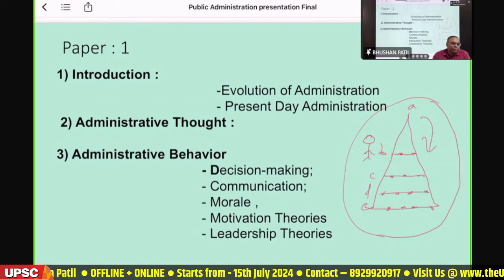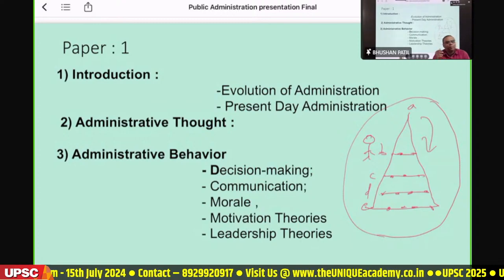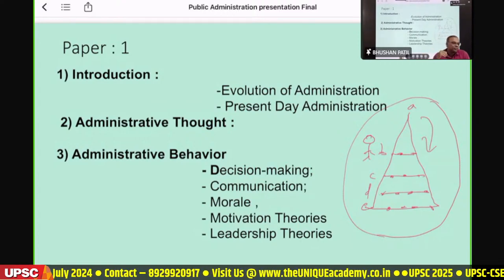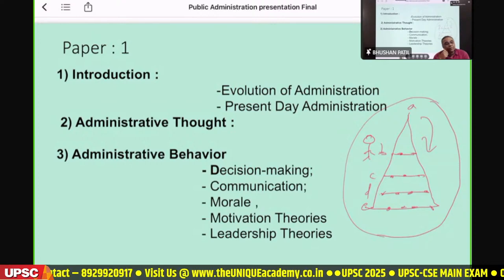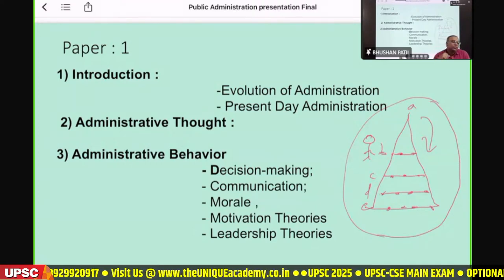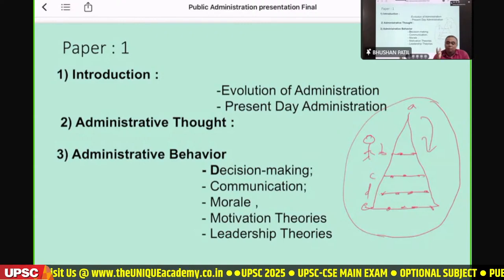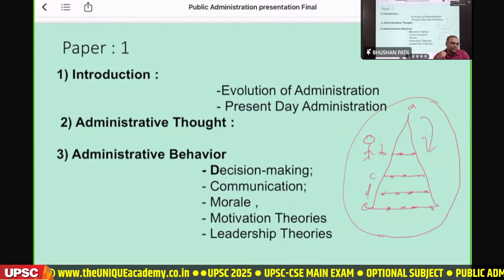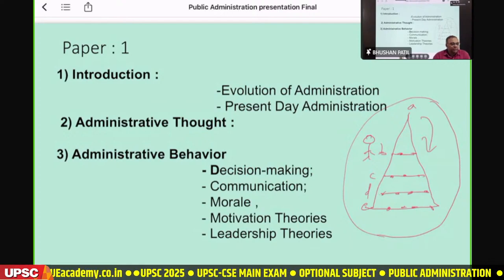How we can motivate people. Okay, certain theories are there, like Maslow's theory, Herzberg's theory, McGregor's theory. So these theories of motivation we will study here. Morale is there, niti dharya manobal, how morale goes up or goes down, which are the points, why morale is necessary in organization. These things we will study here in the administrative behavior unit.